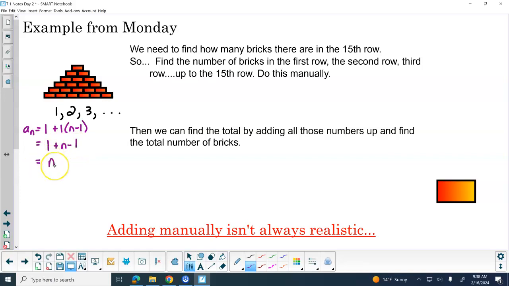So a sub n is just going to be n. So there would be how many bricks in the 15th row? There'd be 15 bricks in the 15th row, right?